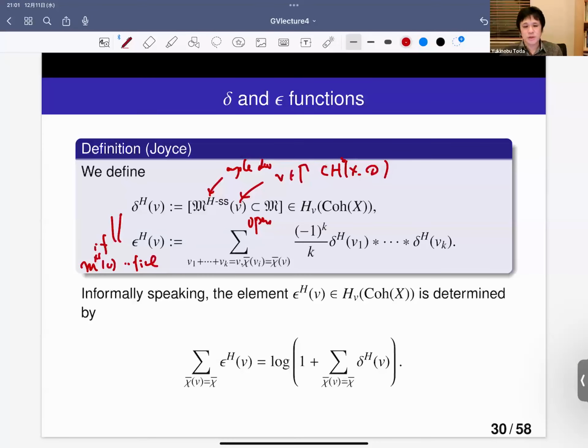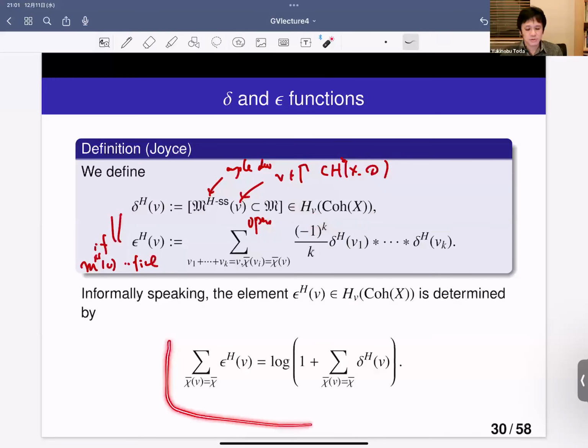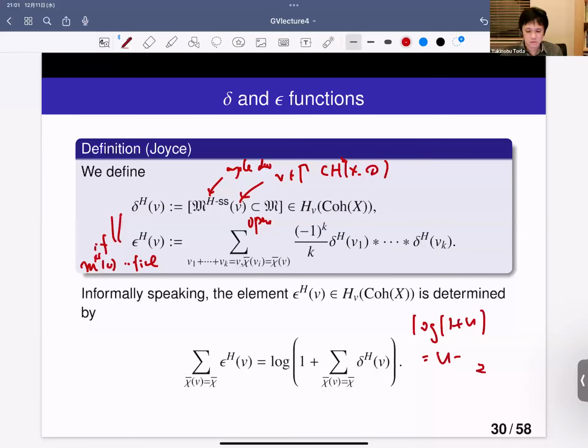This is formally regarded as a logarithm, because formally it is written in this way. More precisely, if you take some sort of completion of the motivic Hall algebra, then this relationship can be rigorously formulated and makes sense. Anyway, the right hand side can be just u minus and so on.